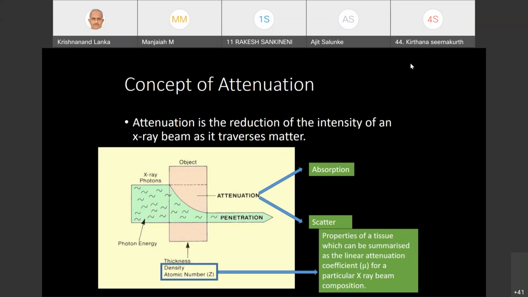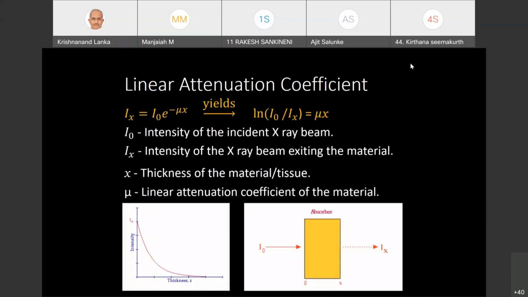So this is the concept of attenuation, and using this concept of attenuation, we try to reconstruct the slice, a cross section, of in this case a human being. All right. This attenuation follows a linear attenuation coefficient, which is indicated by mu, right?